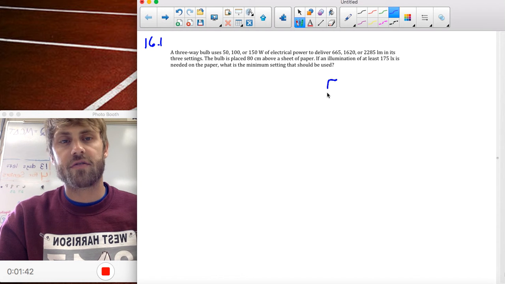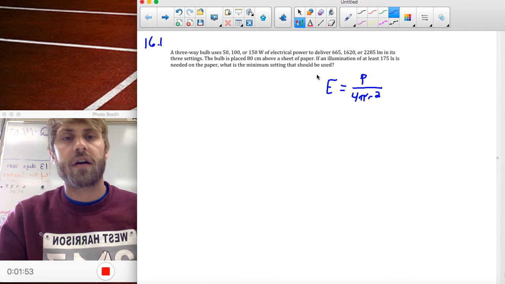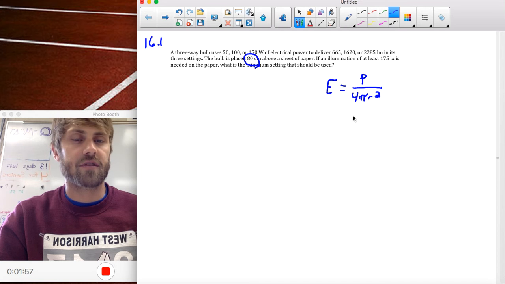We're going to use our equation E is equal to P over 4 pi r squared. We have a radius in centimeters, which is pretty much worthless. So I'm going to rewrite that 4 pi times 0.8 squared.